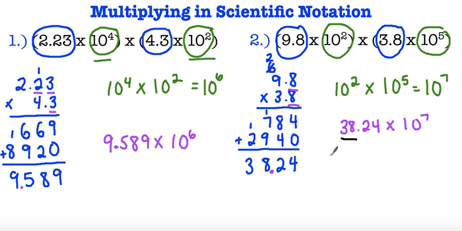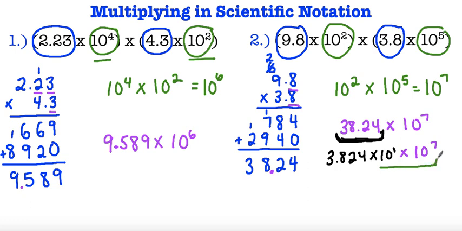So 38.24 is the same thing as 3.824 times 10 to the power of 1. So that's this here. And all I did is change that into scientific notation. I'm going to bring down my 10 to the power of 7. And here I can multiply these because the base is the same.